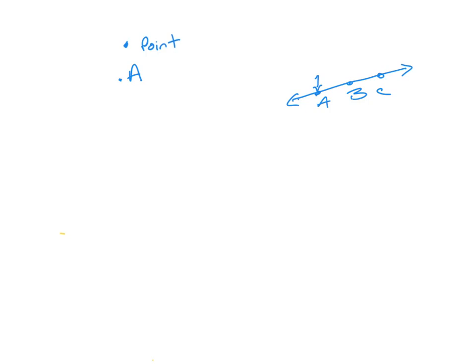It won't be any part of the line, it won't be a segment, it's just a point. That's the smallest thing. And we usually name it like this. Sometimes you'll see a circle around it, but usually it's just a point A. I like point A because when you get to circles, you might think that's a circle. Okay?